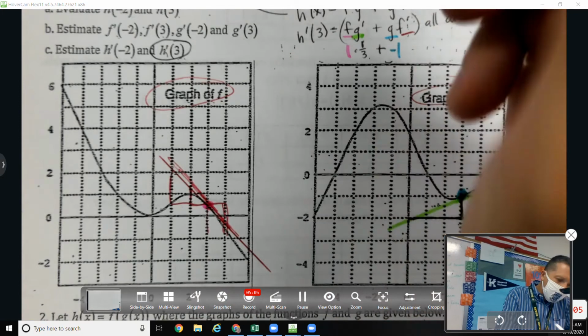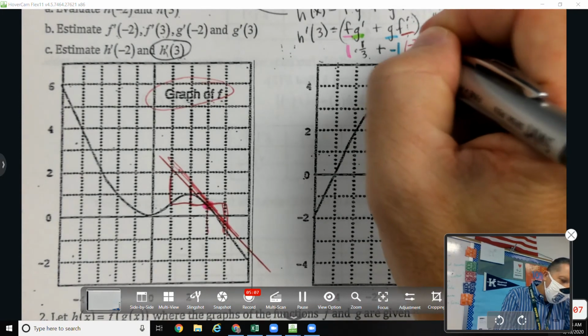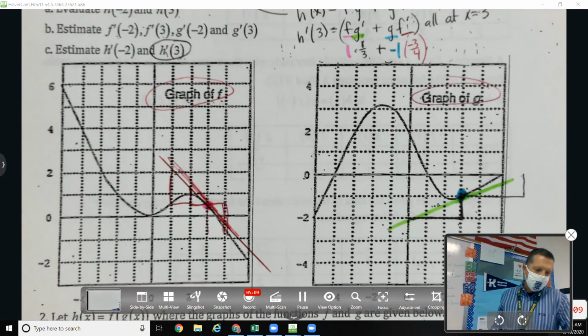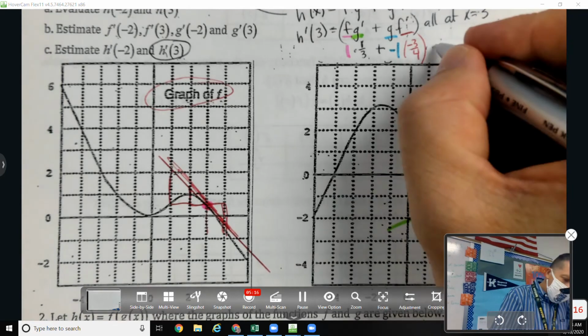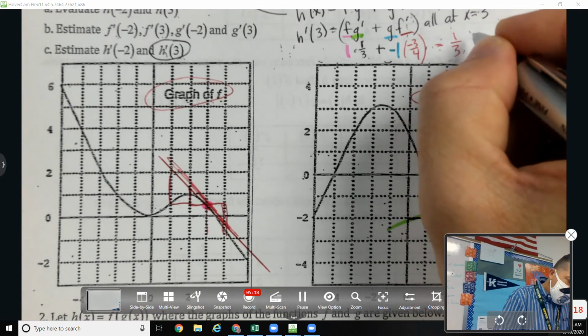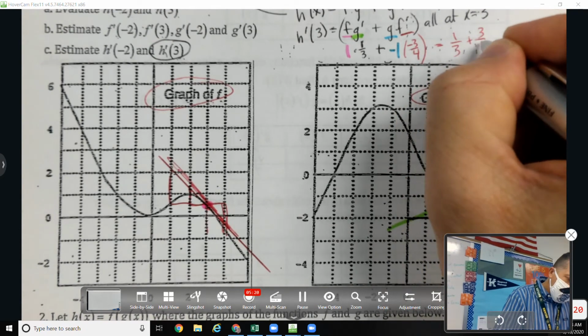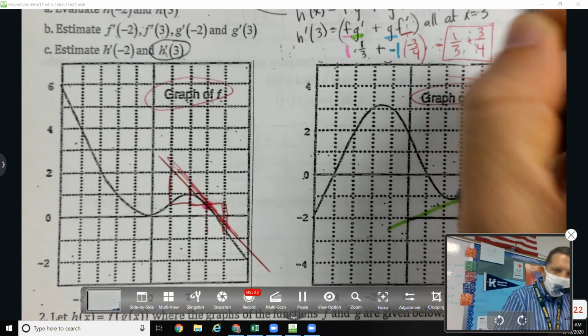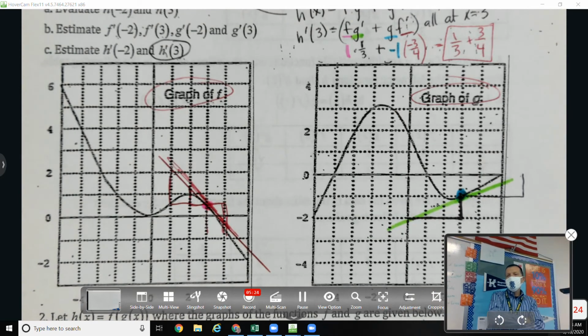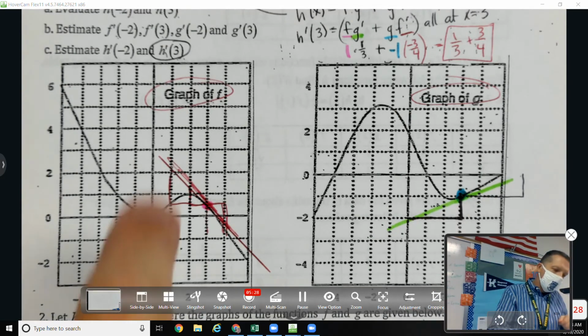So I think I'm going to say it's negative 3/4. But I don't know. -1 might have been just an easier pick to do. So 1/3 plus 3/4, whatever that is. Hey, safe stop. Let's be done right there. That's the estimate for our derivative at h.